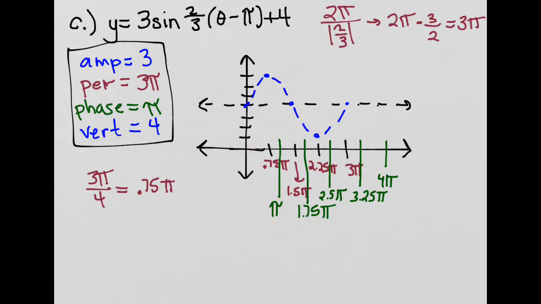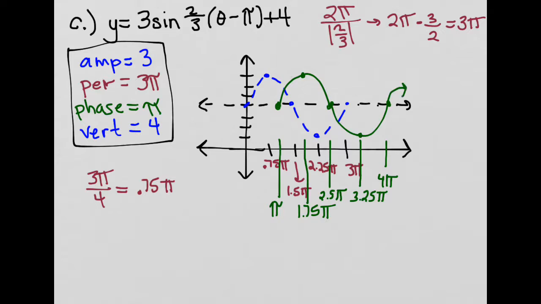So now we're going to go ahead and move each of those points. So this point right here is going to move over to the first green tick mark. And then for our next green tick mark, we're going to go up to the maximum. Next tick mark, we're going to go down to the midline. Third tick mark, we're going to go down to our minimum, which is 1. And fourth tick mark, we're going to come back up.